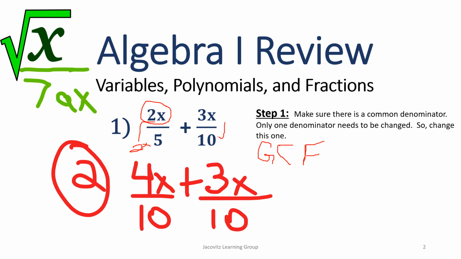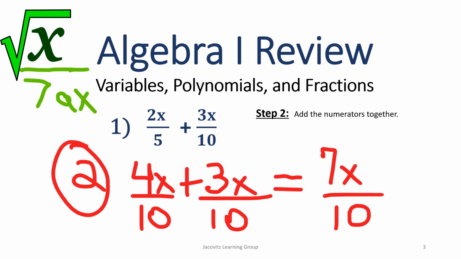And this is 1, because 10 goes into itself 1 time, so it's 1 times 3x. Or you could just leave it and pull it down, and then you're going to see very easily this is just 7x over 10. On the next slide I just showed what happened. And remember, these notes are downloadable.